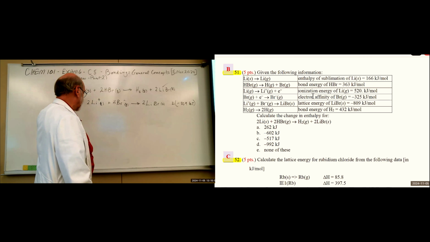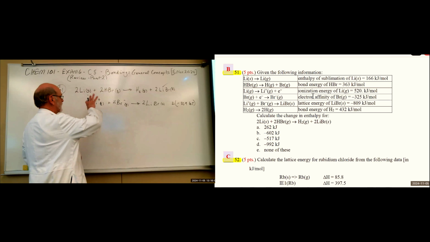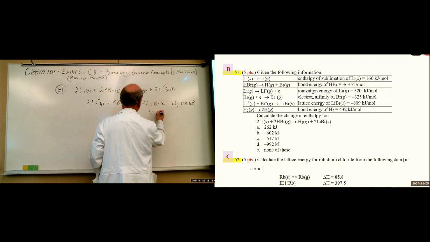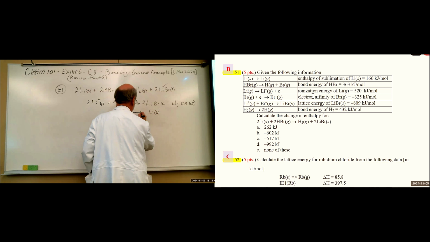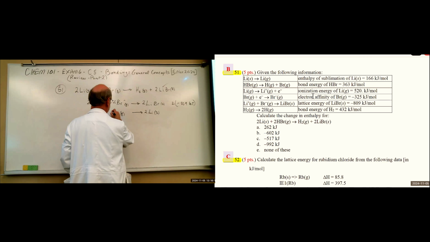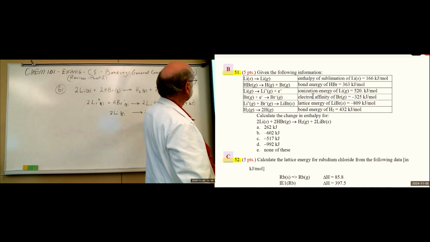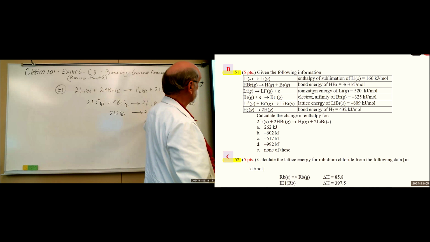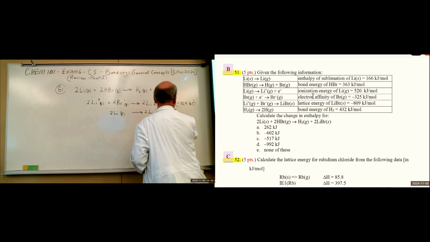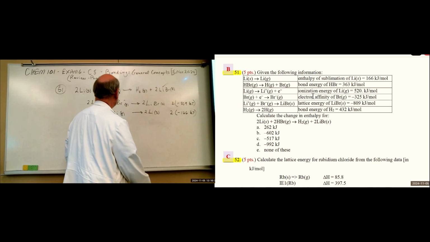We need to get to the lithium gas, and then we need to ionize it, but it needs to be on the other side. So that makes lithium solid on this side and lithium gas on this side, and 2 of them. So the value that sublimates lithium solid would be the first one, sublimation. So that would be a minus 166 now, times 2. Okay, got that one.